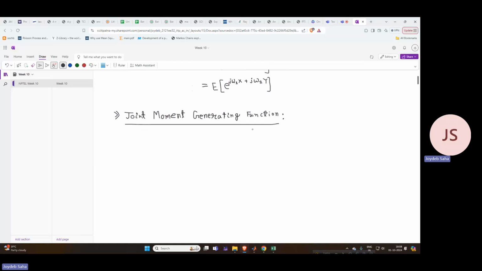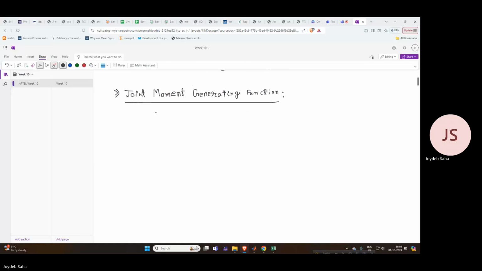Okay, joint moment generating function. Again, x and y are two random variables, so the joint moment generating function will be denoted in terms of v1 and v2, which are two scalars.